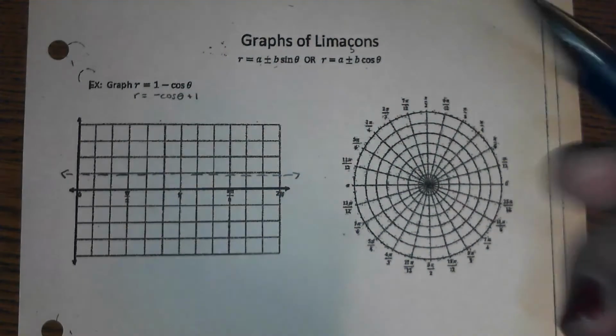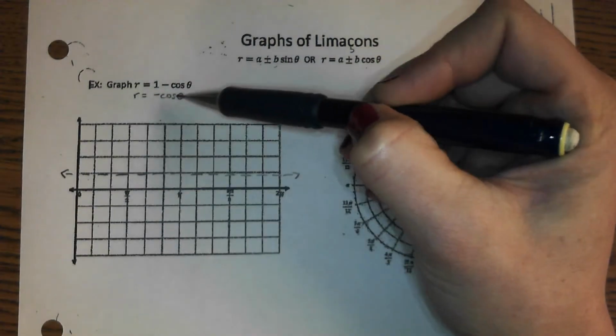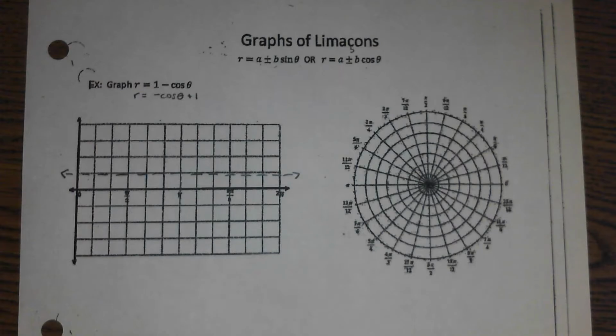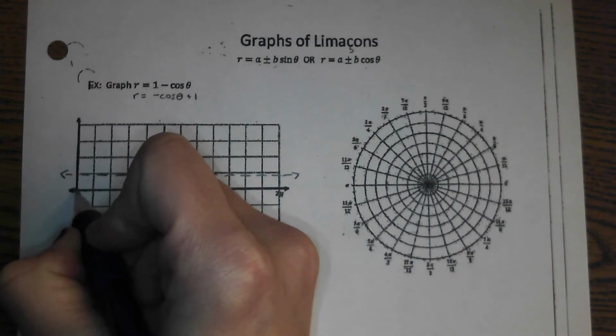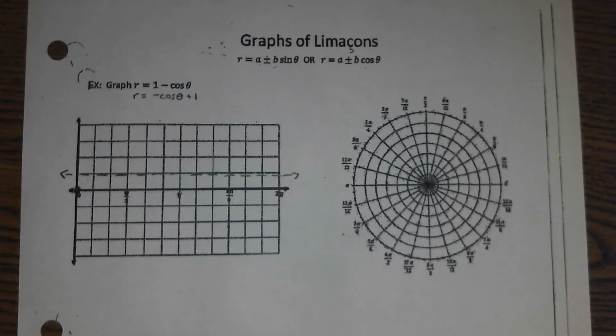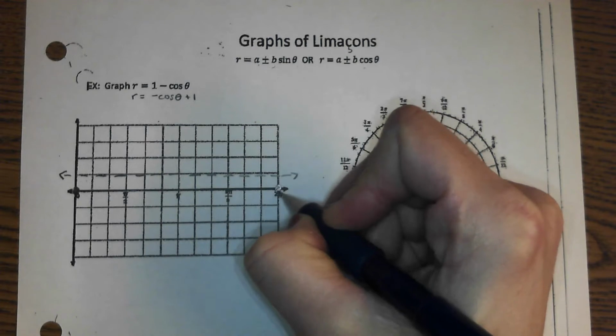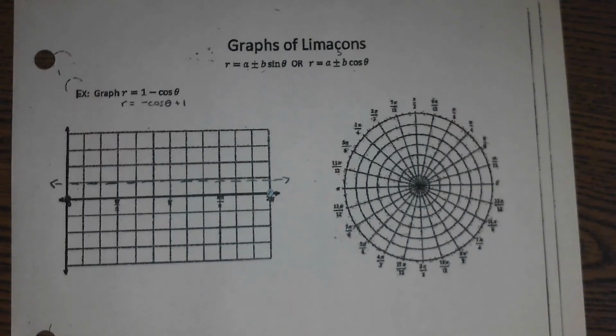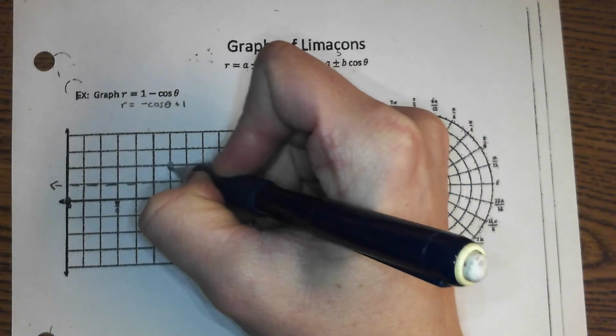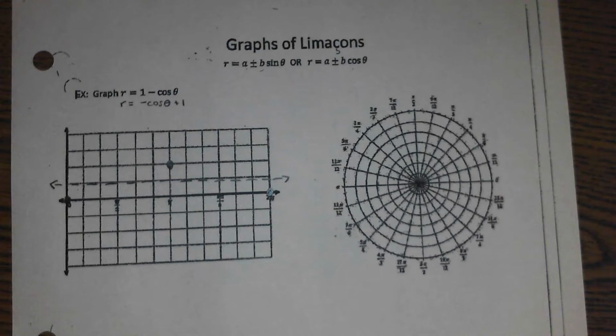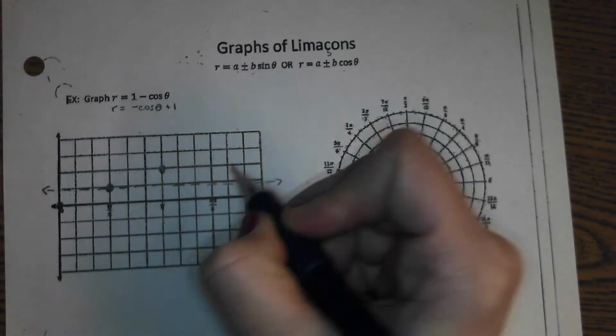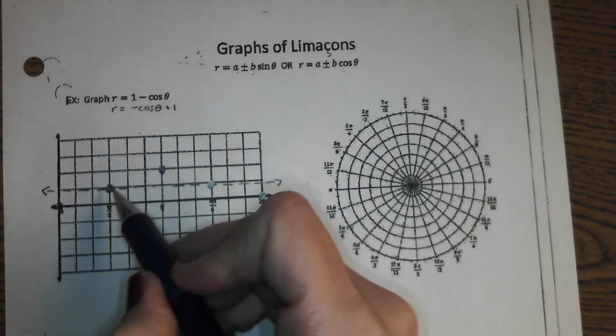My amplitude is still 1, but it's a negative cosine. So it's starting 1 unit below the midline, and then after a full period it will end 1 unit below the midline. Halfway through it'll reach its max, which is 1 unit above the midline, and then you have your intersections with the midline.